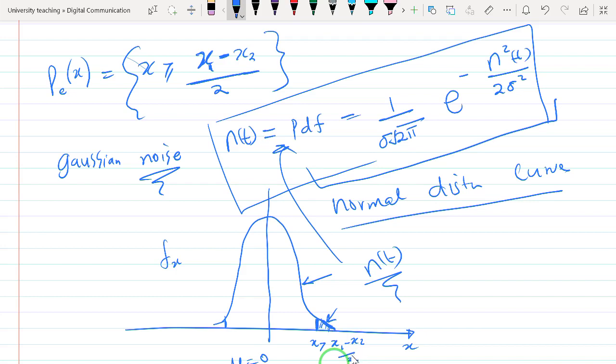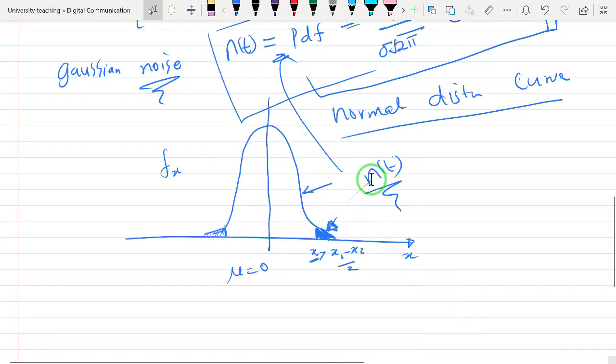And therefore, if we wanted to find the total probability that we are likely to receive our signal x in error, then we need to find the area under this curve, that section. And because this is a two-tailed distribution curve, we definitely know that this side is equivalent to what we have on this side, and therefore the area under this curve is going to be equivalent to the C, or cumulative distribution function.